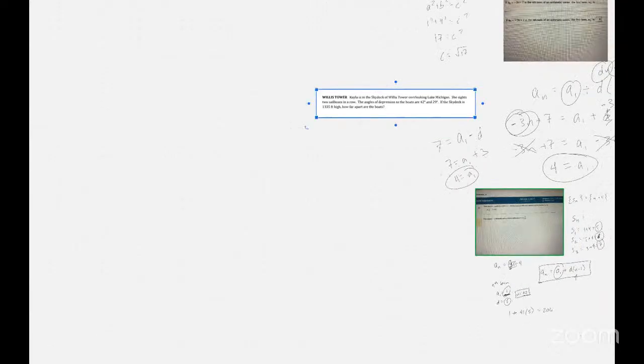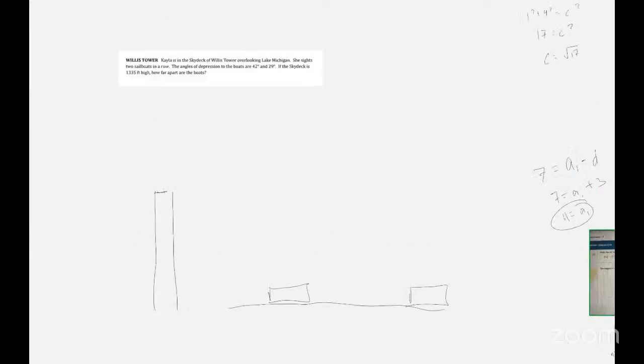Okay, so this is similar to what we talked about last time, I think. She's on the sky deck, so she's up here and she sights 2 sailboats in a row. So they're on the water down here. And here's one sailboat. It's not a square, I know. And the angles of depression are 42 and 29.